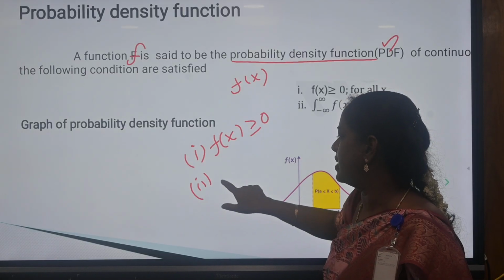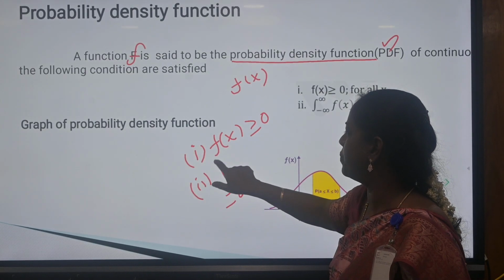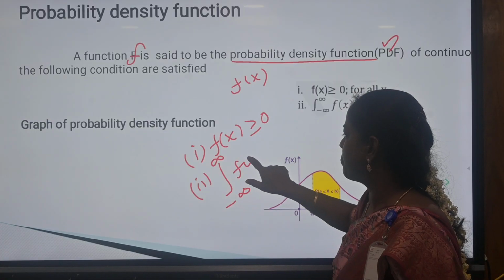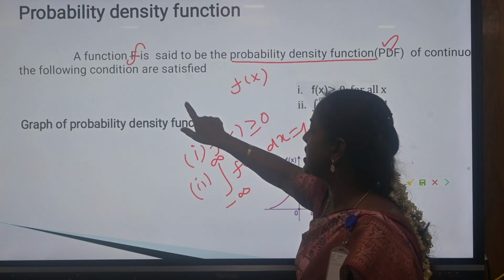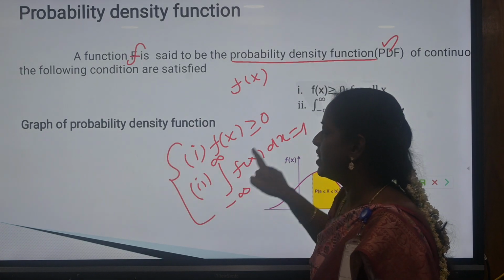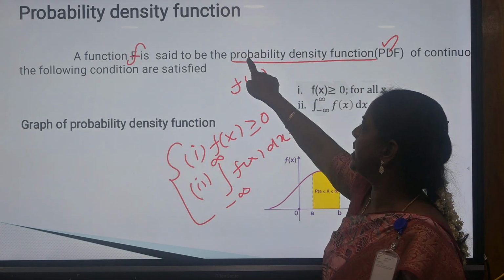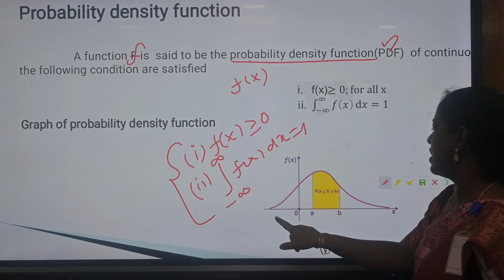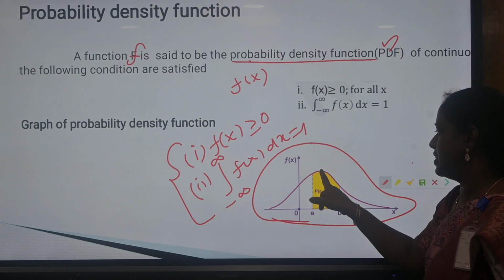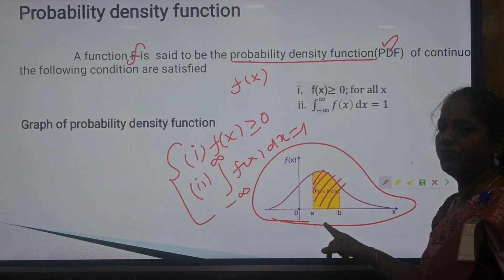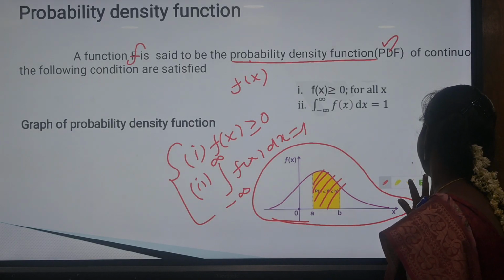Second, the integral from minus infinity to plus infinity of f of x dx equals 1. Which function satisfies these two conditions? That function is called the probability density function. This is the graphical representation of the probability density function, and also the accepted range for this probability density function.